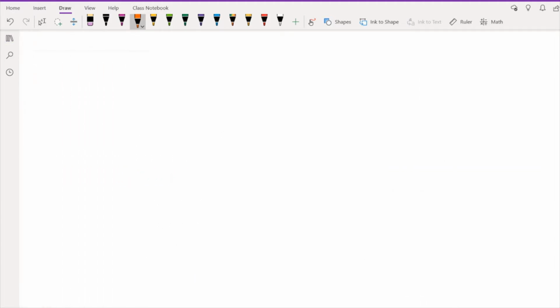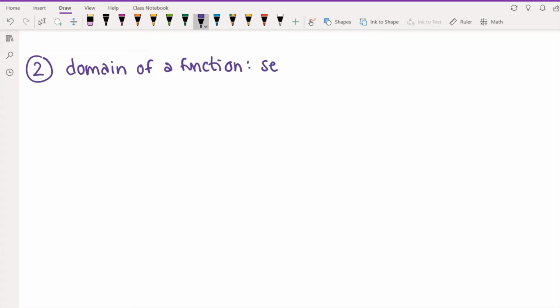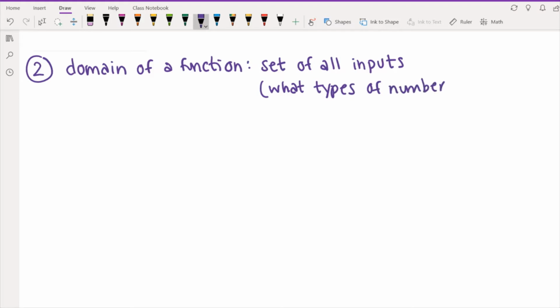So in general, just taking a step back, what does it mean? What is the domain of a function? Of any function. So the domain is the set of all values that can be plugged in. I'll say that as the set of all inputs. And basically you're thinking about what types of numbers can be plugged in.